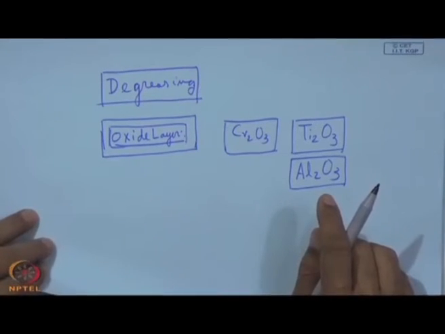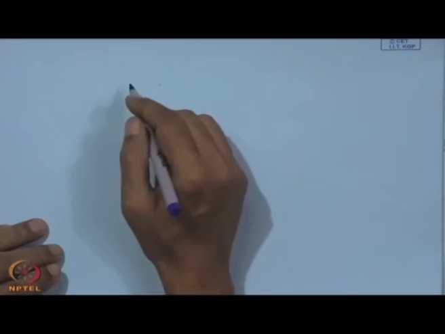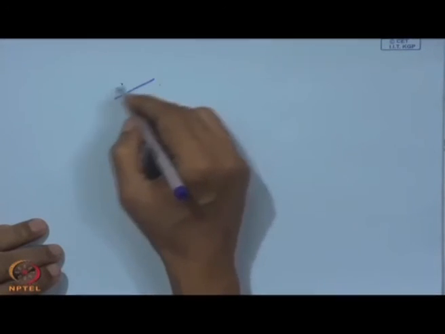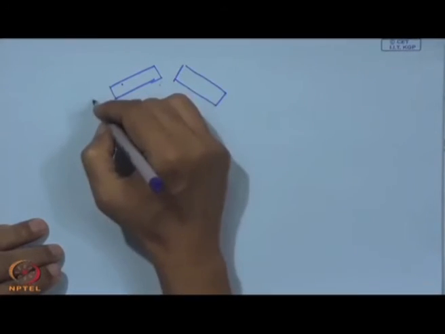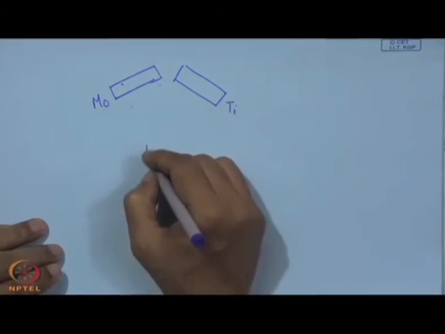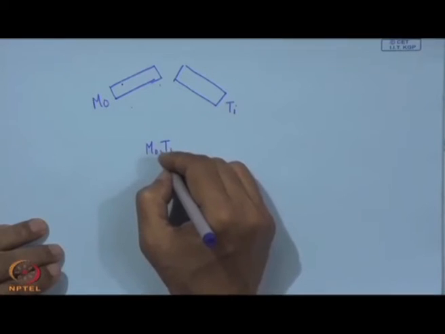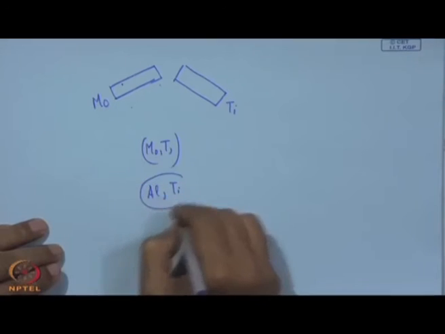Now, co-electro deposition. Co-electro deposition means, say for example, we like to deposit two materials together. When it is sputtering, we can have two targets, say molybdenum and titanium, or it can be aluminum and titanium, co-deposition is possible.